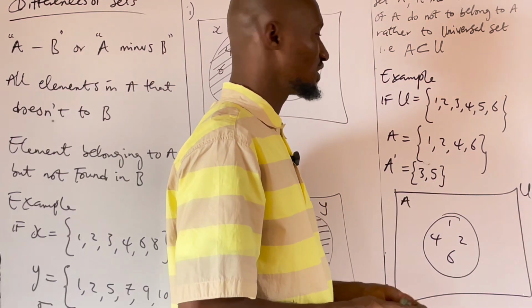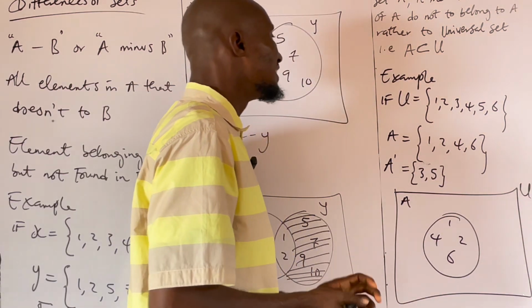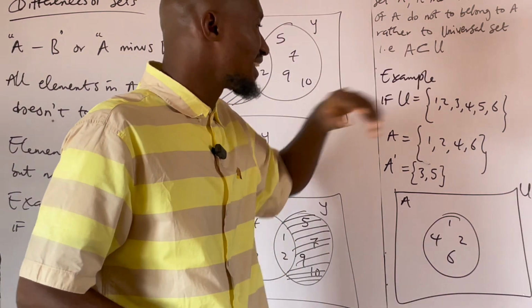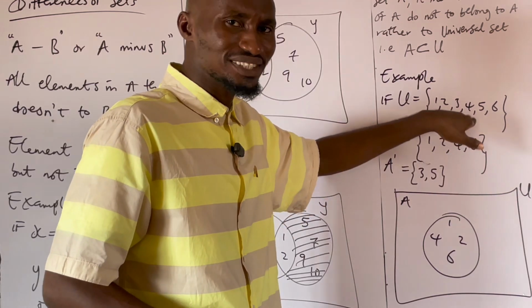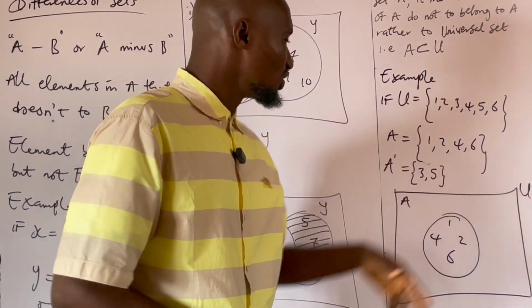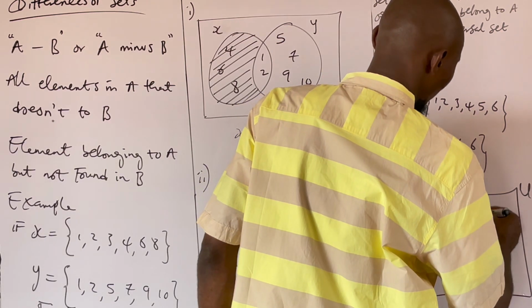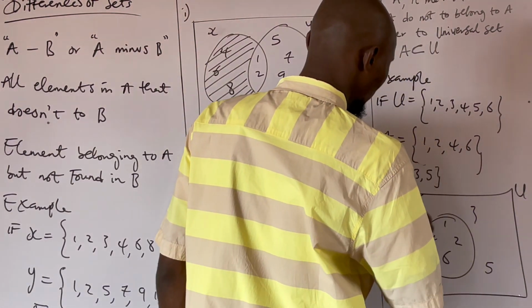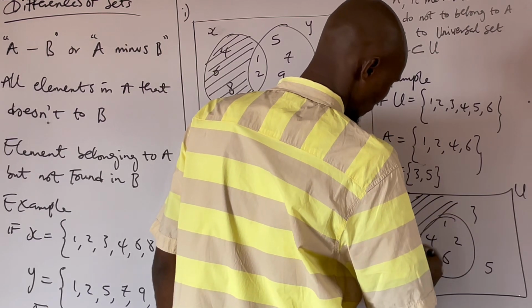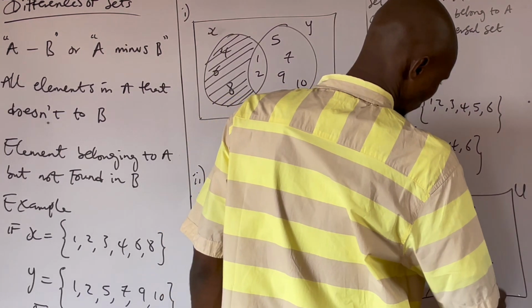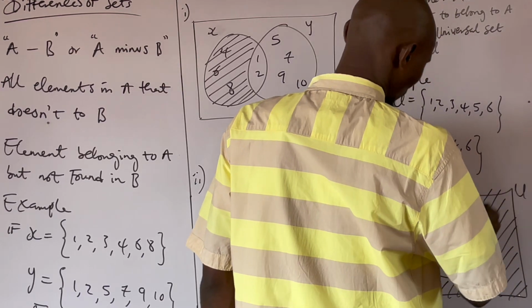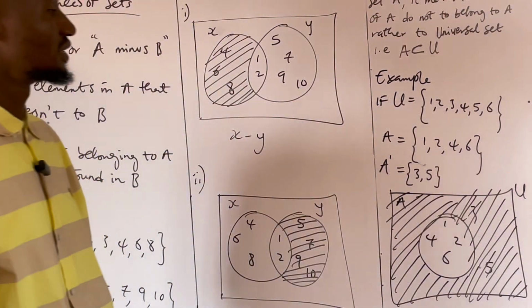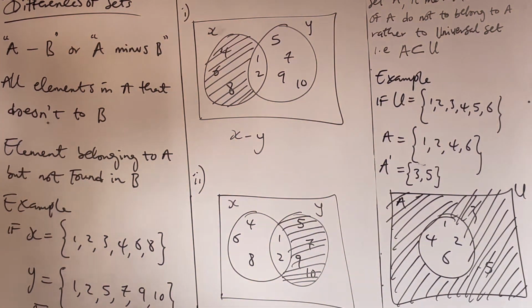But 3, 5 is not here. So that means all elements of A do not belong to A, rather to the universal set. So 1, 2, 4, 6 belong to this set, but 3, 5 is not here. So 3, 5, we're going to write it here, and we are going to shade this portion. Do you understand now? So that is complement of set that I told you about.